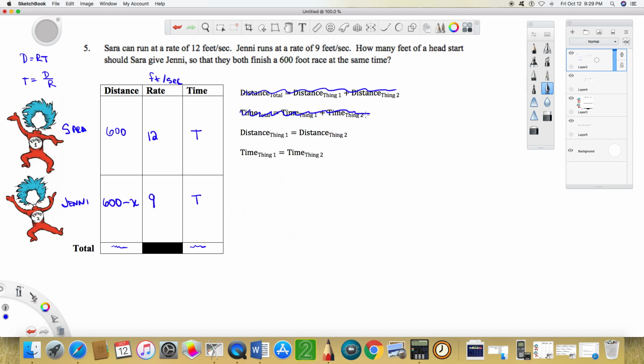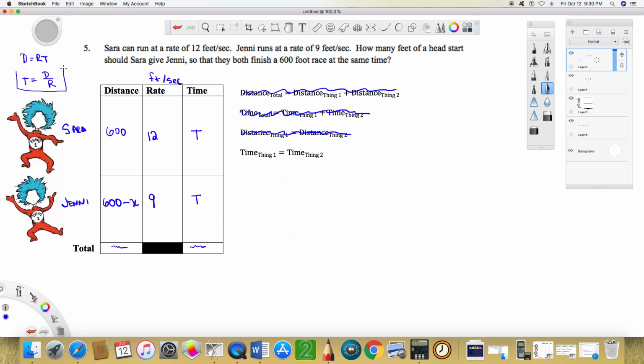All right, distance. They clearly haven't run the same distance. Sarah is running further because she's given Jenny a head start. But they have run for the same length of time. So that's the relationship that we're going to explore.